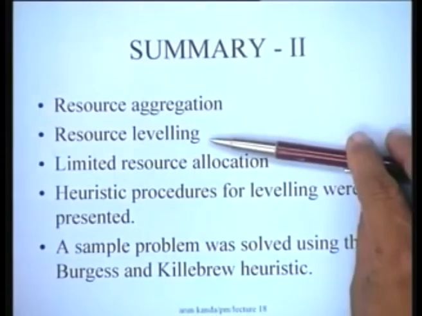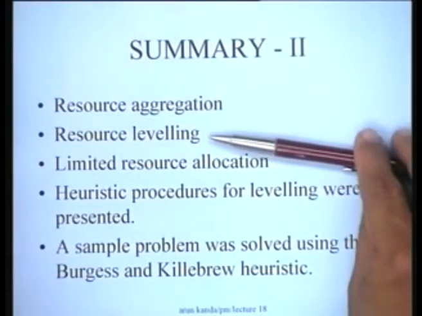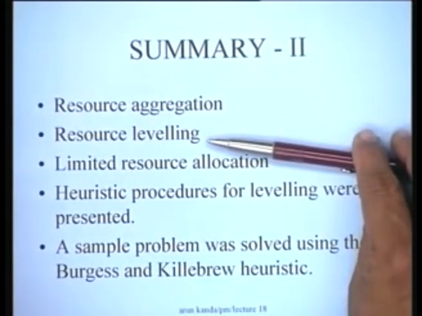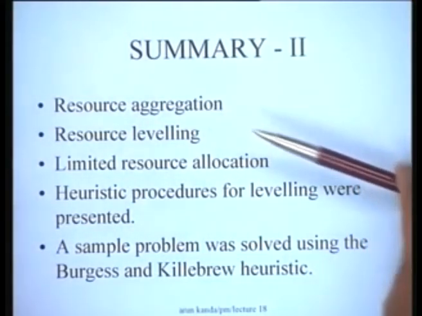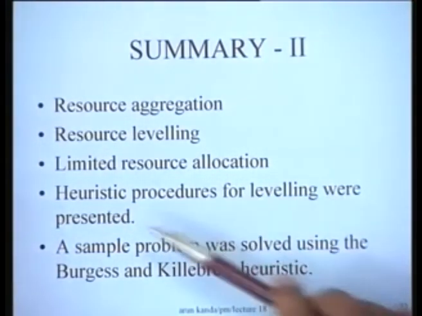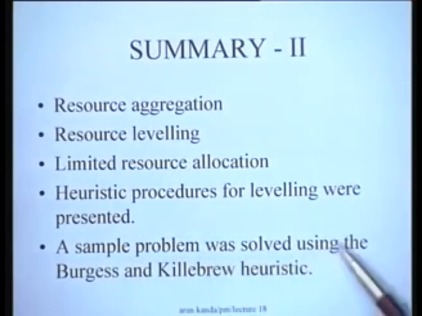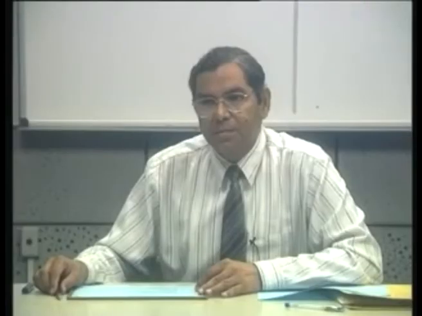Then, if you are not satisfied with that profile, you can resort to leveling and bring down the hiring and firing costs and have a more balanced leveled profile. And the third technique for dealing with these renewable resources is limited resource allocation. Heuristic procedures for leveling were presented. We looked at 2 such procedures, and a sample problem was solved using the Burgess and Kilbrew heuristic. Thank you.